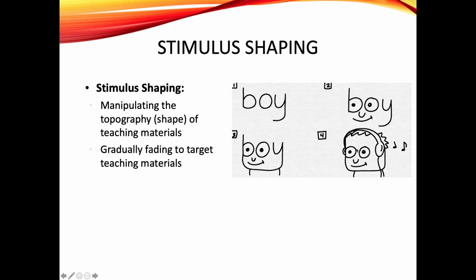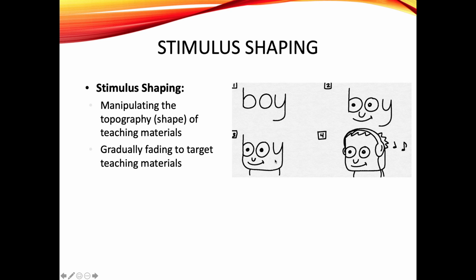This obviously looks like a boy. So let's just say the client cannot read this. So you do this and you say, what is that? And they say a boy. Then after so many trials of that, let's just say we go through 10 trials and every one they get correct. That's a boy. Then we minimize or remove these enhancements.